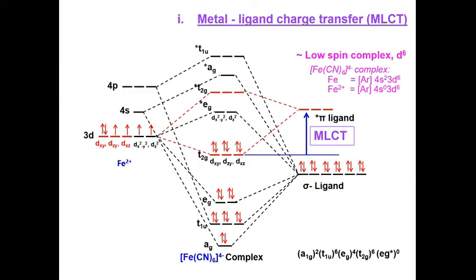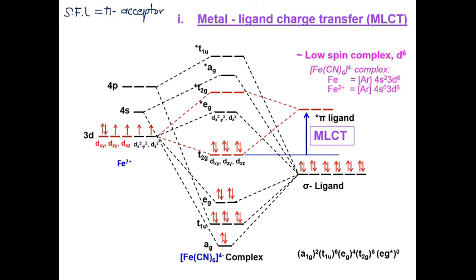As I mentioned before, the chosen ligand for MLCT is the strong field ligand. With a strong field ligand, based on the MOT diagram, or molecular orbital theory, it will group as a pi acceptor ligand. So this is the MOT of the pi acceptor ligand.